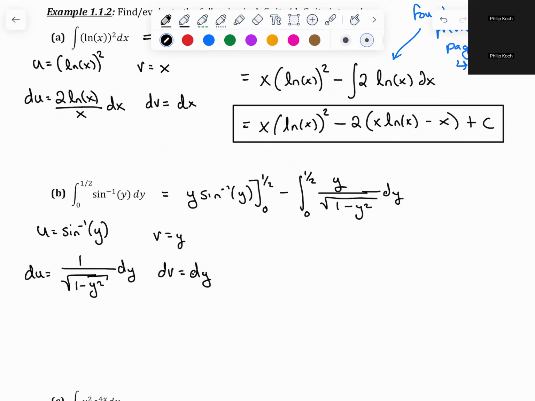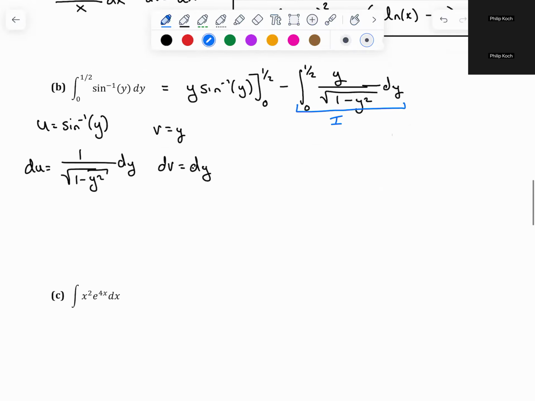Me, though, I can't handle doing that at the same time as doing everything else. So what I usually did is I would underline this and call this 1 or call it A or B or C or just color code it and then do it separately. So that's what I'm going to do. I'm going to do it down here.